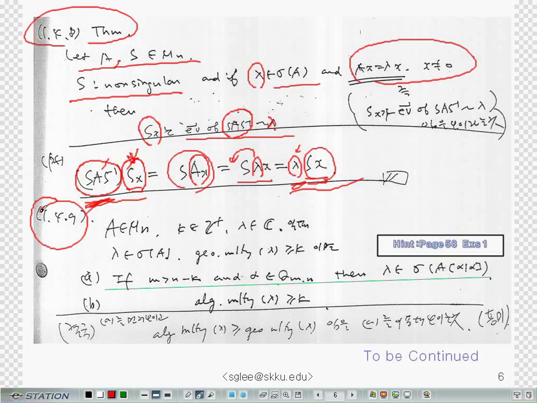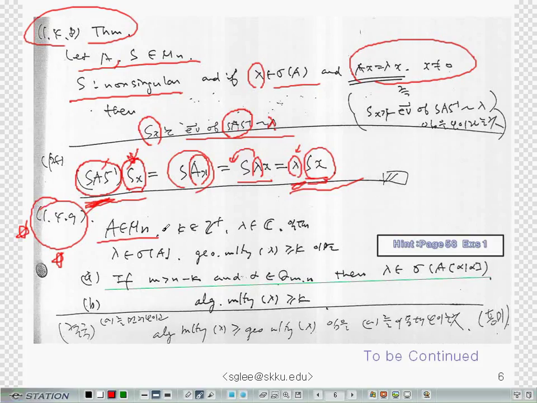There are many things that we can think about. But this theorem 1.4.9 is the one that you are learning for the first time in this class. This is a graduate level theorem and the technique for the proof.